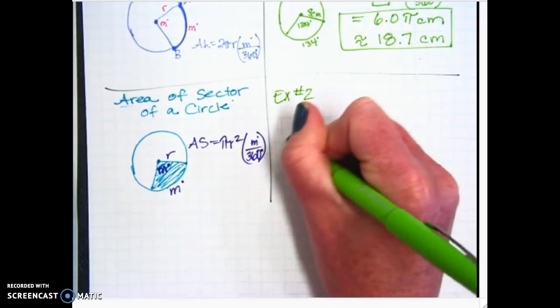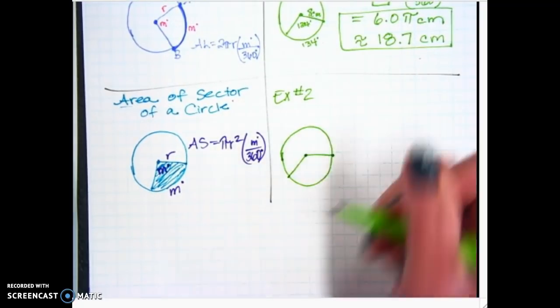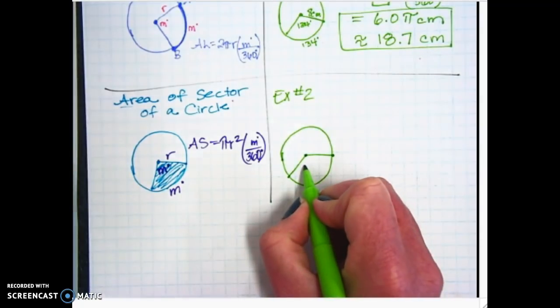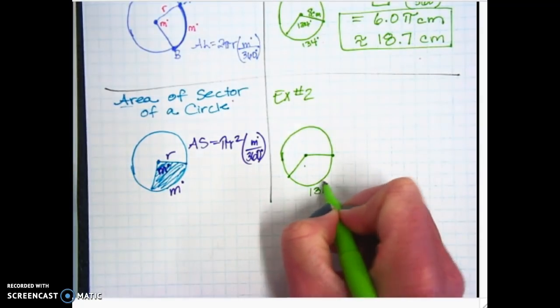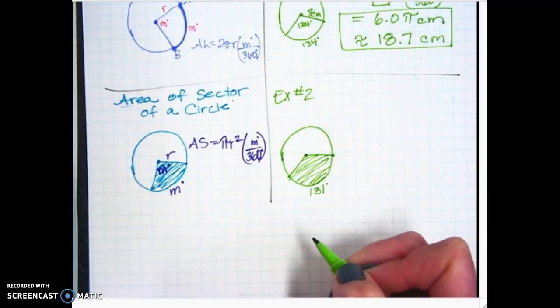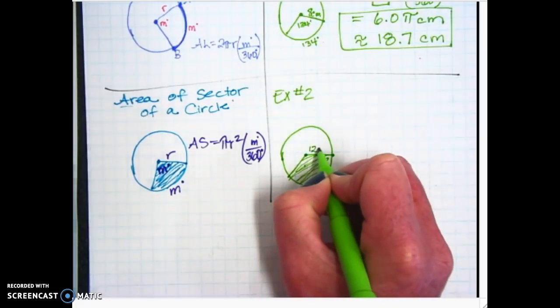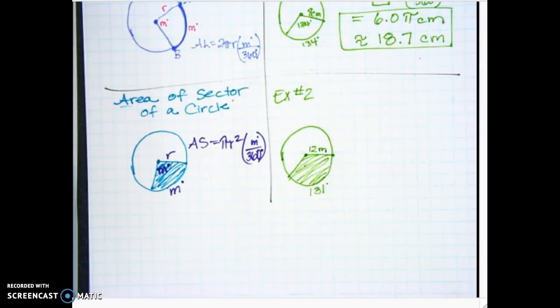Draw a circle, section off a sector, and give it an angle measure of 131 degrees. We're getting this whole area in here, and it's going to have a radius of 12 meters.